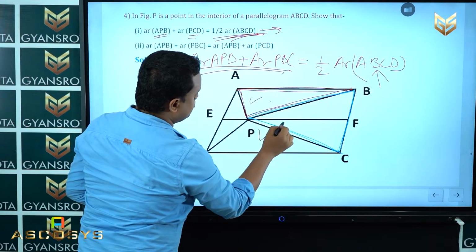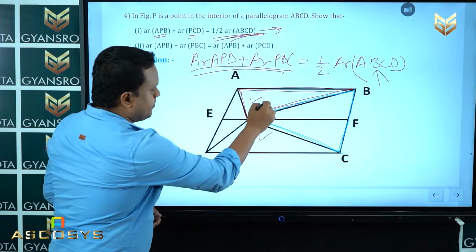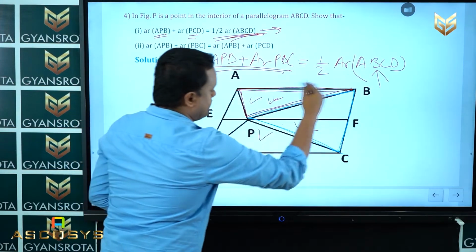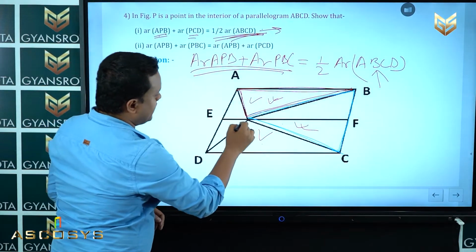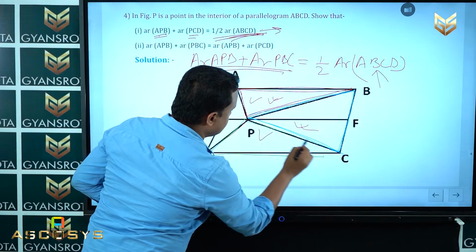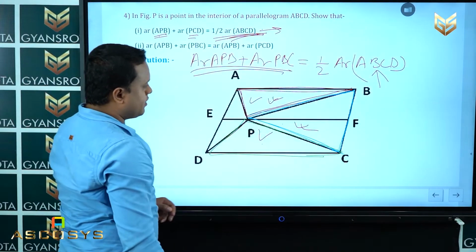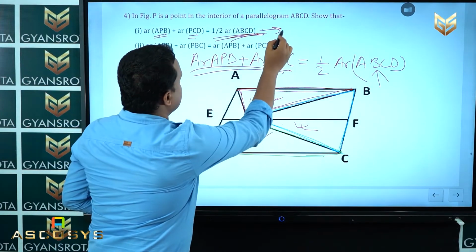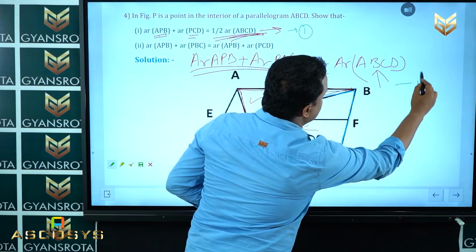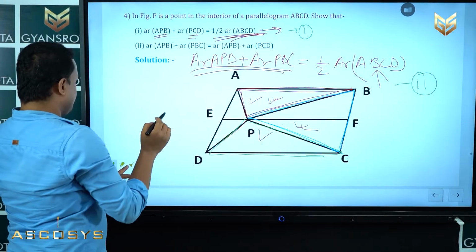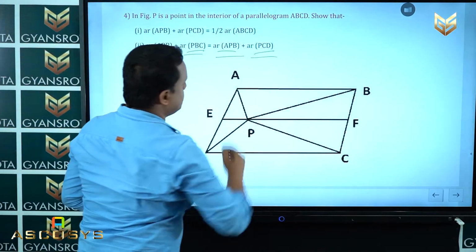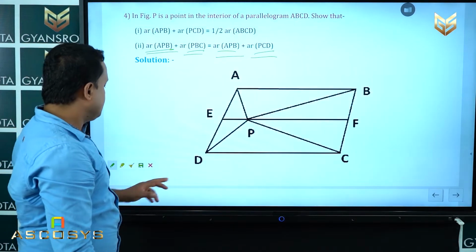So the sum of the area of these two triangles is equal to half of the area of the parallelogram, and we already proved that the area of this triangle and this triangle is also equal to half of the area of the parallelogram. So from equation 1 and equation 2, we get that area of APB plus PBC equals APB plus PCD. The second question we have also proved.